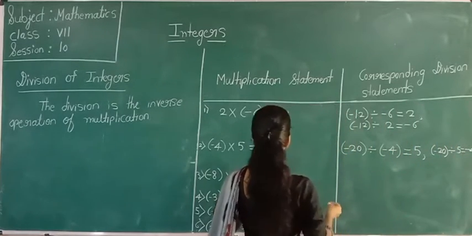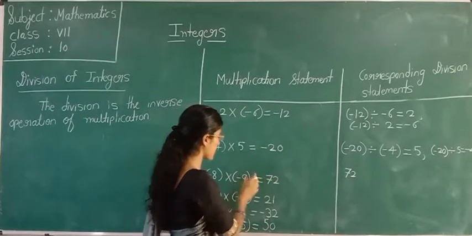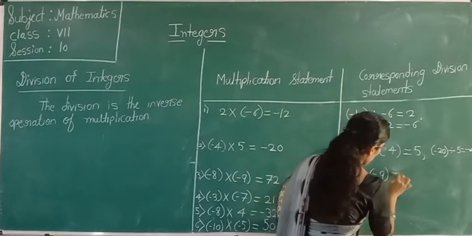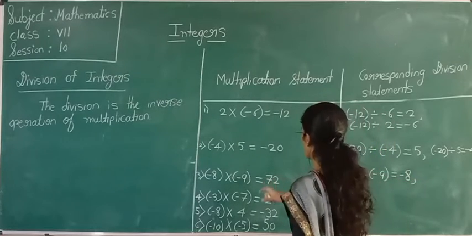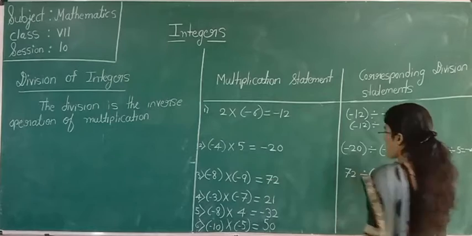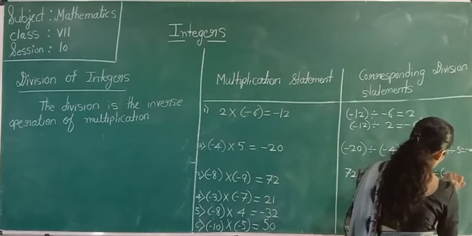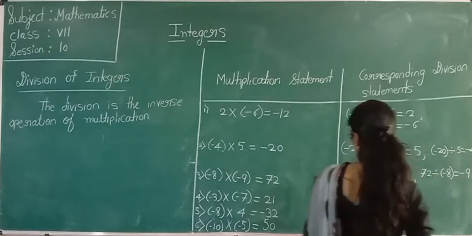Now see here, 72 divided by minus 9 is minus 8. Now we will do 72 divided by minus 8. 72 divided by minus 8 is minus 9.